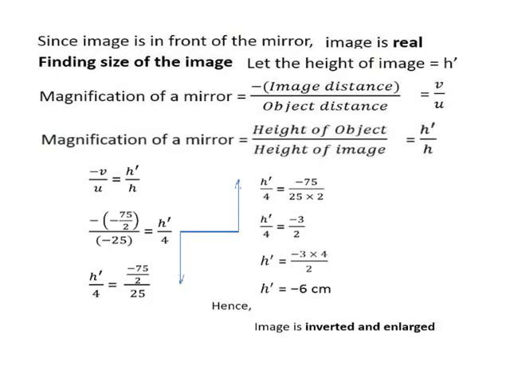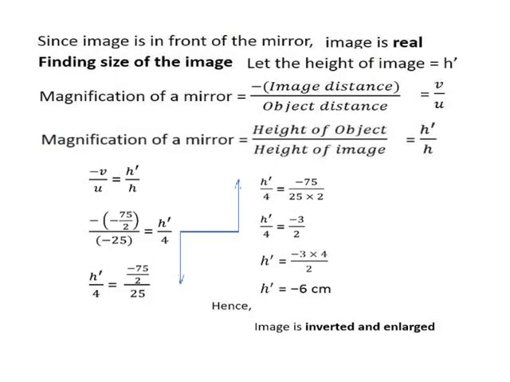One is minus v by u and the other one is height of the image divided by height of the object. So let us equate both these. Minus v by u is equal to Hi by Ho. So substitute the values. You will get the value of height of the image as minus 6 centimeter.